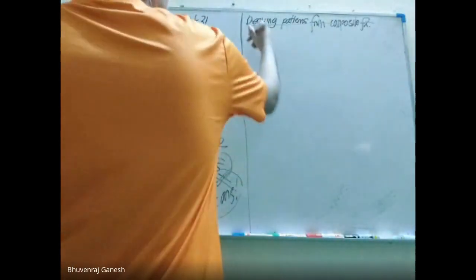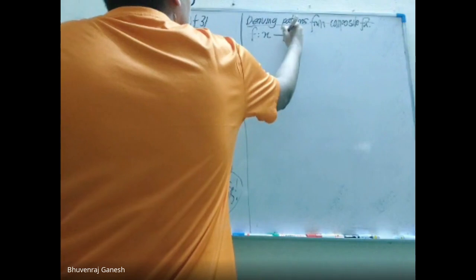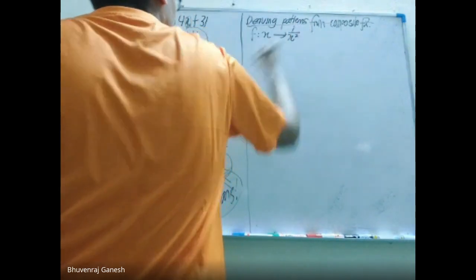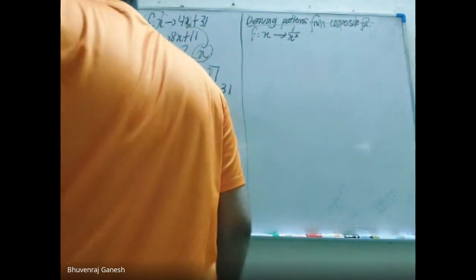So let's say I have a function f(x) is 1 over x squared. Okay, reciprocal function, something like that.